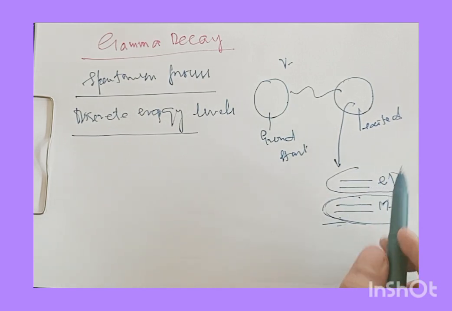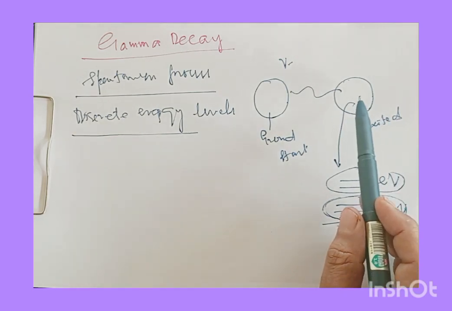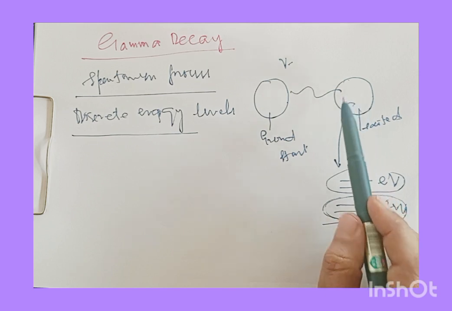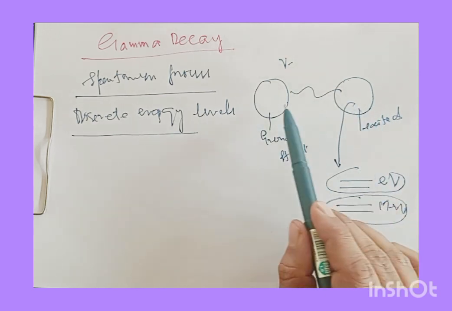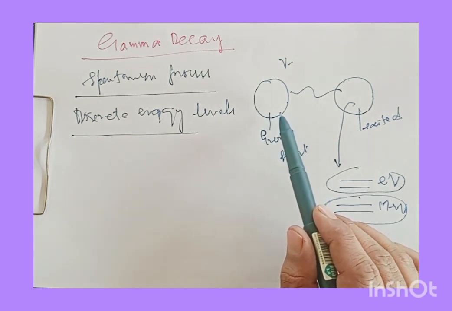Now, when a nucleus is in an excited state, it spontaneously decays to a lower energy level or a ground state, and a gamma ray photon is emitted.